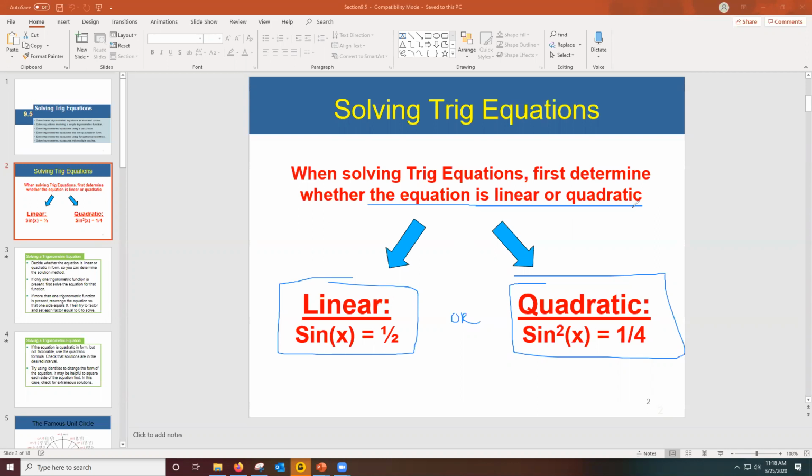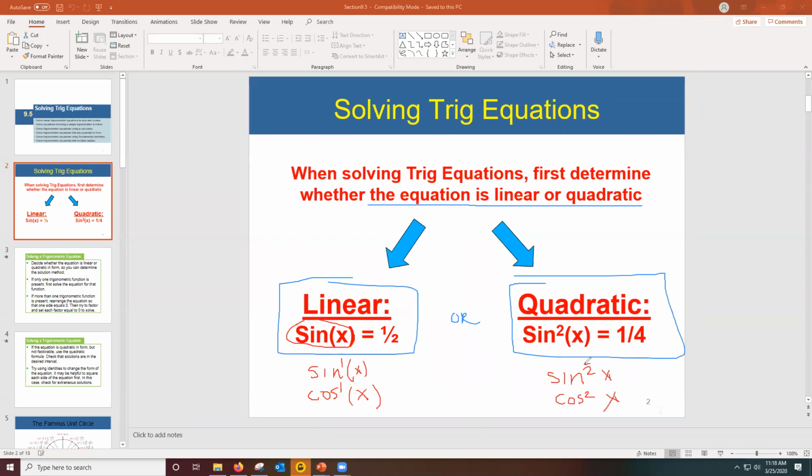Well, what you do is you look at the trig function. If you see the trig function is just sine x or cosine x, that's a linear function, because really these trig functions are being raised to the exponent 1. But a problem might have a sine squared x or a cosine squared x.